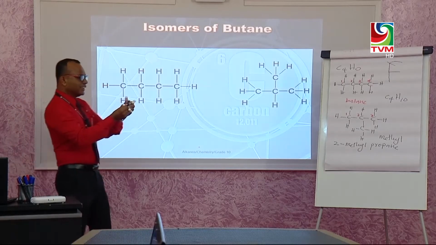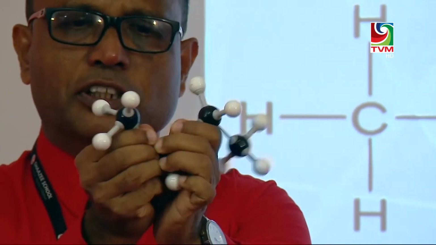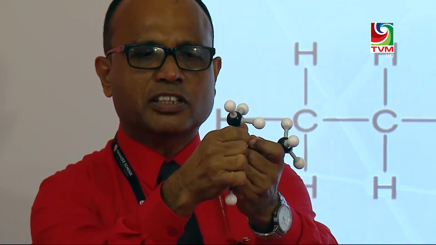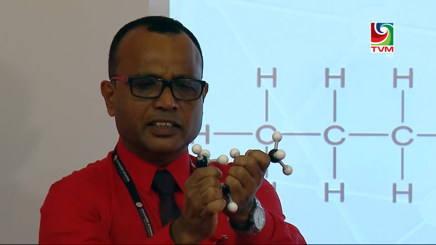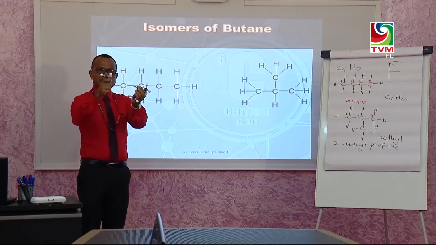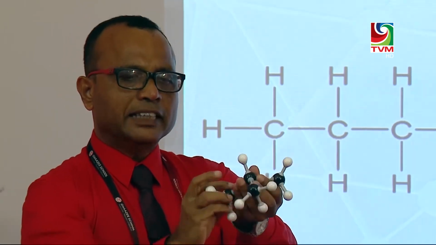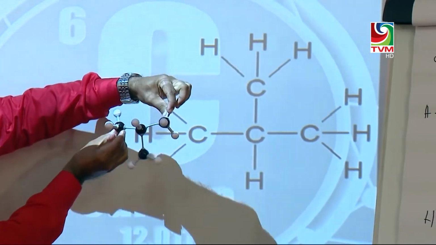How do I get the branch isomer? I need to remove this carbon and remove 1 hydrogen from middle carbon and place that hydrogen where there was carbon, bring the carbon on the middle. You may see now we got a branch structure, 3 carbon.